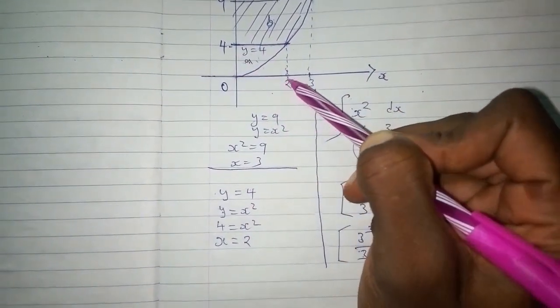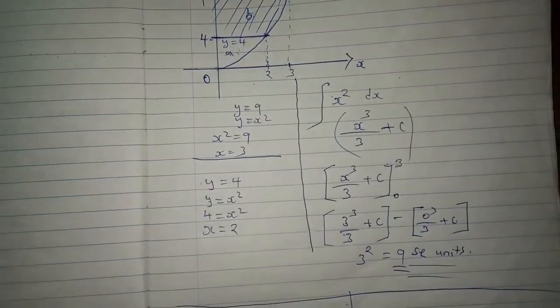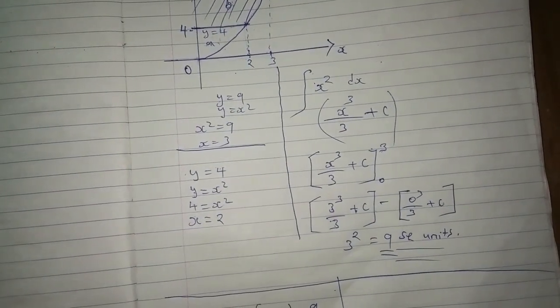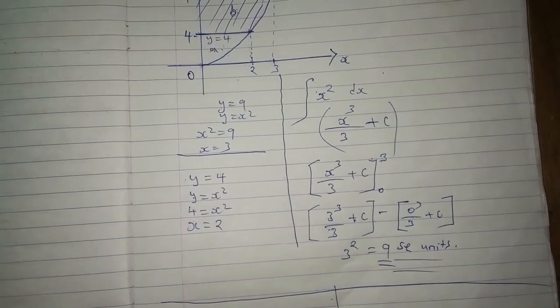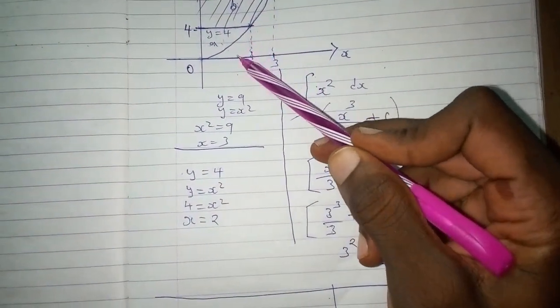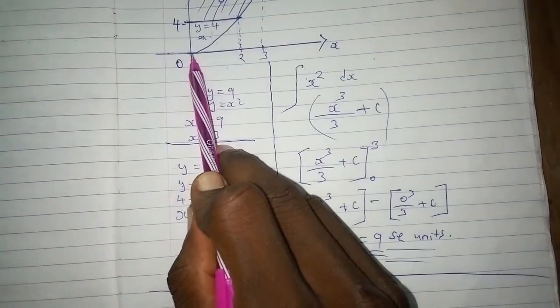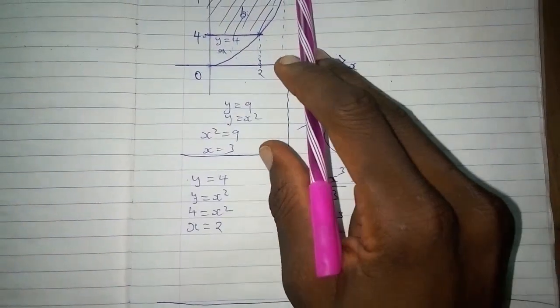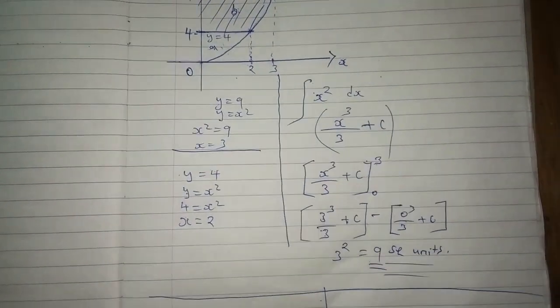Length times width. So our length here, minus the area under the curve from 0 to 2. So minus the area under the curve. Remember the equation of the curve is y is equal to x squared.